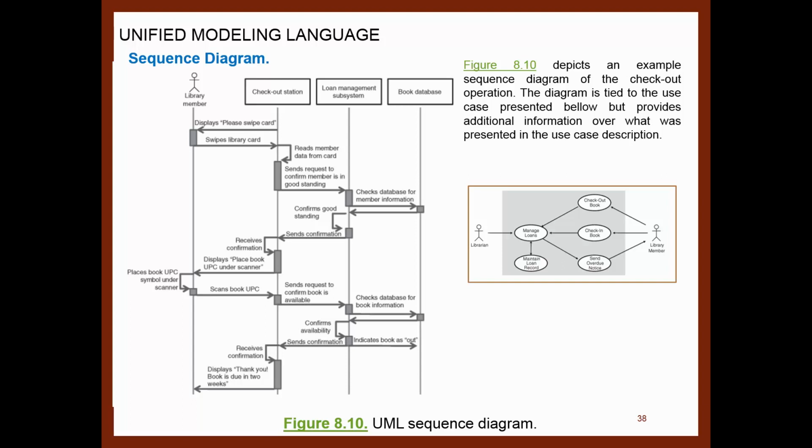And then it sends the request to confirm the member is in good standing to the loan system, and they're going to check the database for member information. So there's some information going to the database, returning confirming the good standing, and then it sends confirmation back to the checkout station, and that information is then sent back to the actor, and the sequence diagram continues in that way.